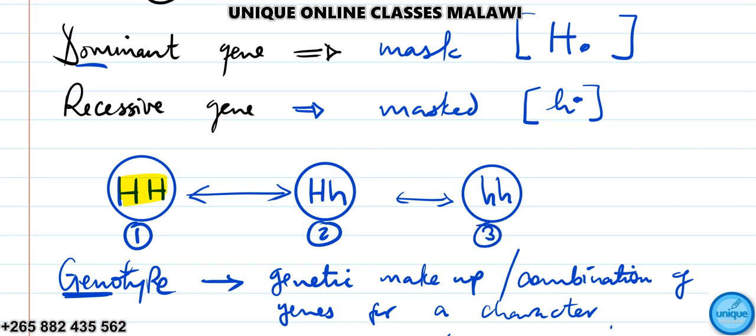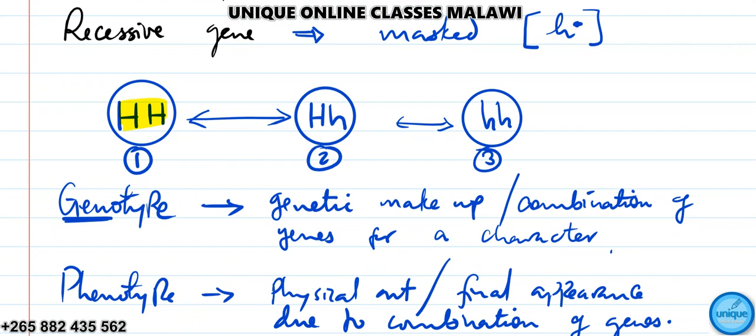These we call genotypes, the combination of genes. Whereas the final appearance, the physical outlook that comes out after combining those genes, is our phenotype.